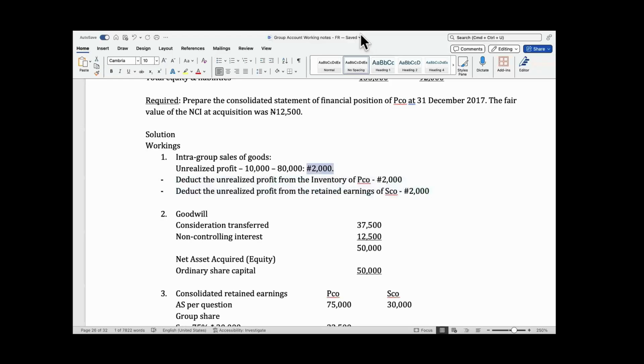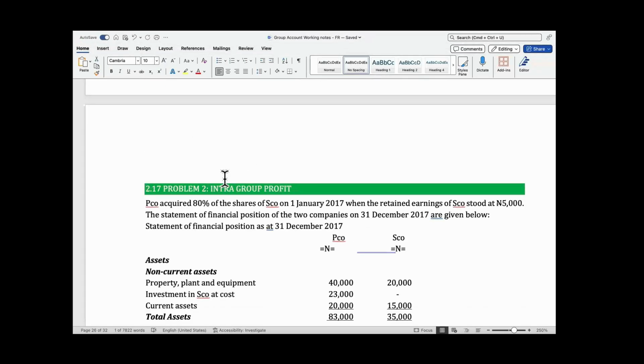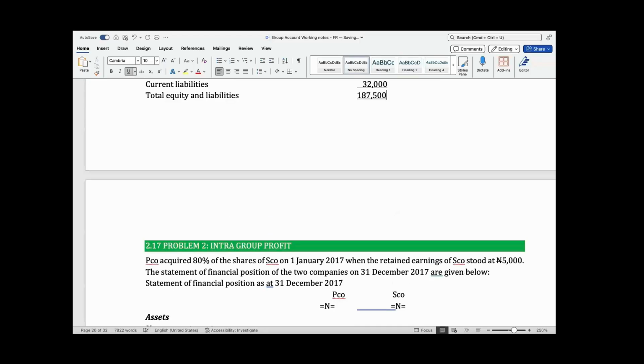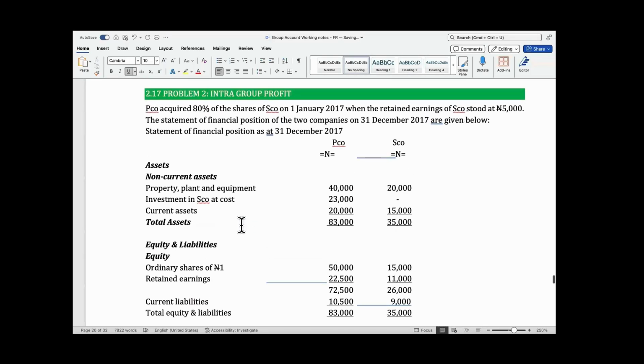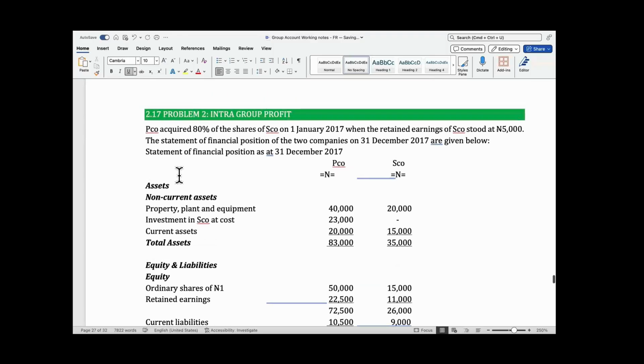How to remove this unrealized profit. Now moving on. Now this one states that Pico acquired 80% of the shares of ESCO on 4th January 2017 when the retained earnings of ESCO stood at 5,000. The statements of financial position of the two companies on 31st December 2017 are given below.